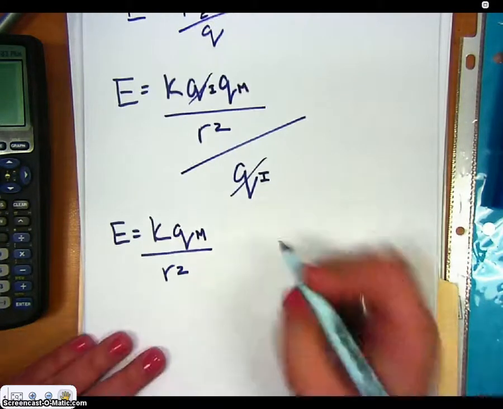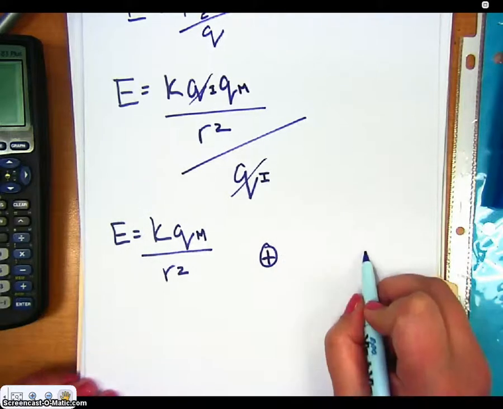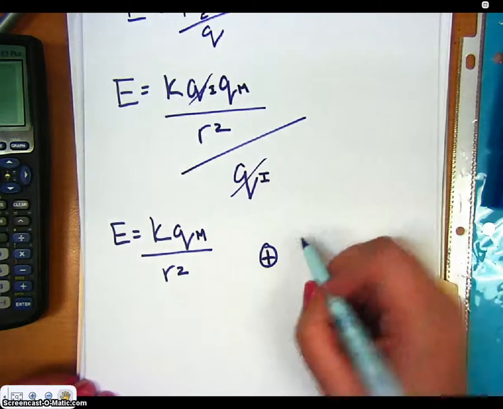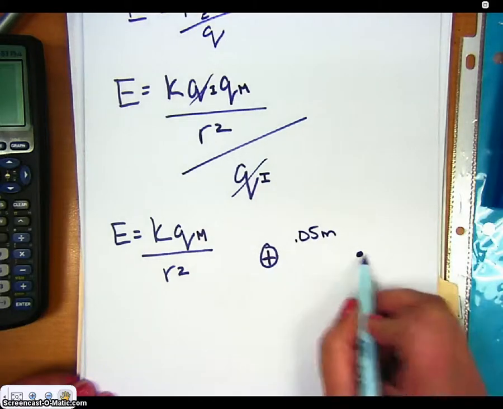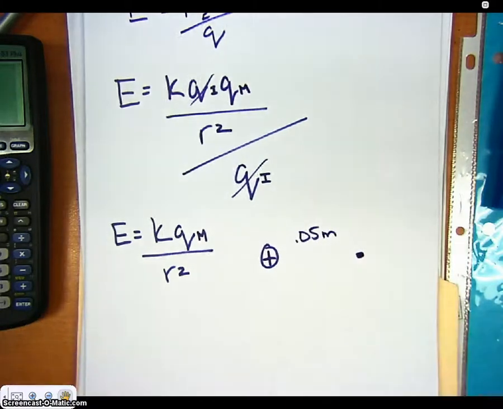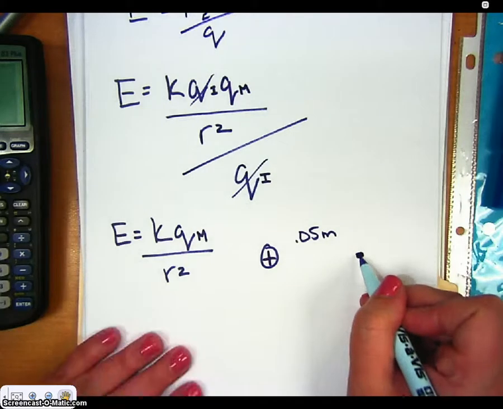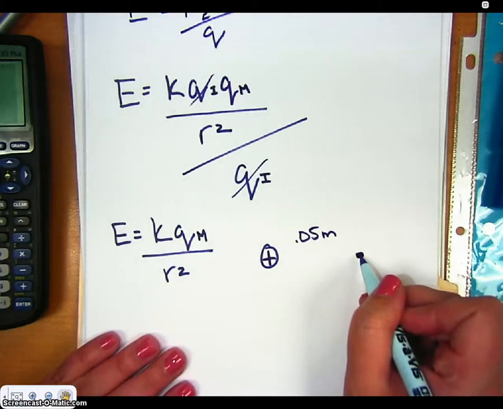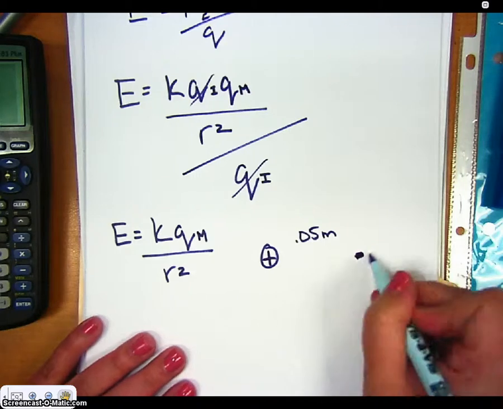So let's say again we had that same proton here, and I'm at some position, let's say 0.05 meters away. The question is, what is the strength and magnitude of the electric field at that position? Well, let's figure out the direction. If we're here at this position, we know that electric fields point away.